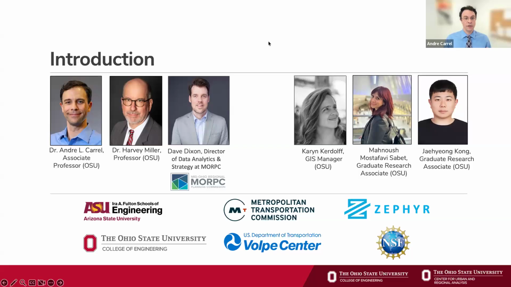Here at OSU, we partnered closely with our local MPO, MORPSI, the Mid-Ohio Regional Planning Commission, and specifically Dave Dixon, who is the Director of Analytics and Strategy at MORPSI, and who's going to say a few words as well in a couple of slides when we talk about the project more specifically.